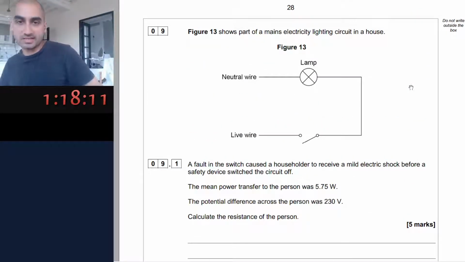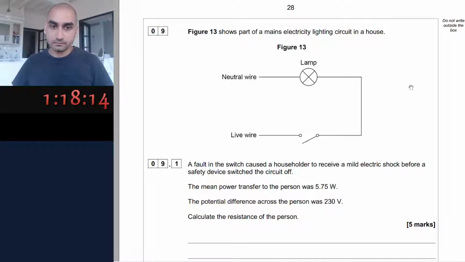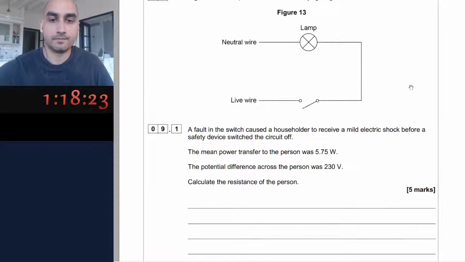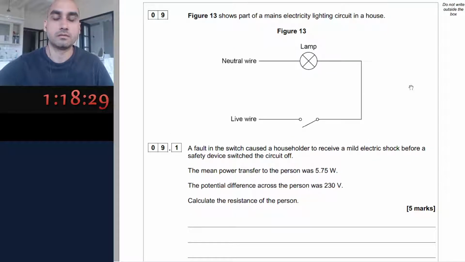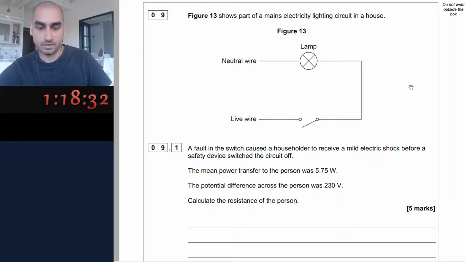This was part of a mains electricity lighting circuit in a house. The fault in the live wire, fault in the switch caused a householder to receive a mild electric shock before a safety device switched the circuit off. I see. Well, this is interesting. All right, so we've got a person.